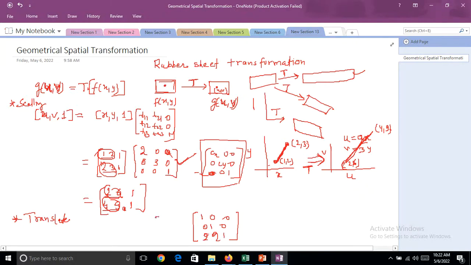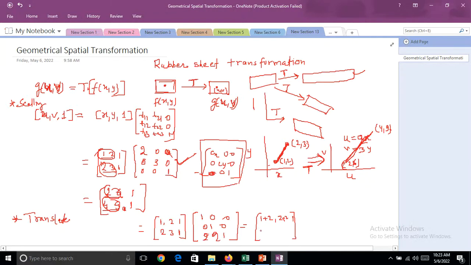Now if you multiply our image with this, so our image is 1 comma 2, 2 comma 3, only 2 pixels, and third column you put 1 1. Now if you multiply, so you will get 1 plus 2, 2 plus 2, and third one as only 1.